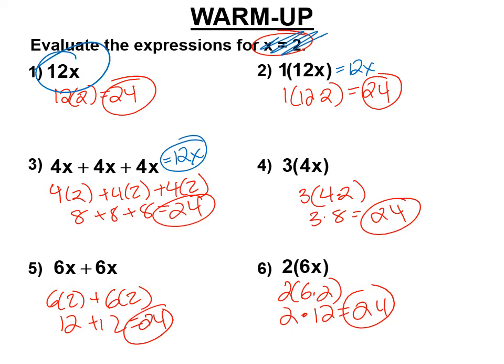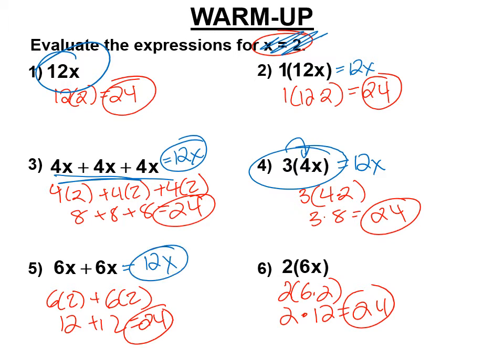What we're going to be doing today is multiplying variable terms. And so this is 3 times 4x. What's 3 times 4x? It's 4x added together 3 times, but 3 times 4 is 12. This is 12x. And 6x plus 6x is also 12x, and therefore 2 times 6x is also 12x.